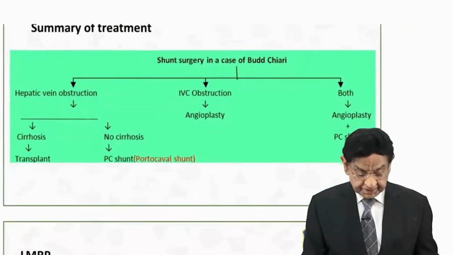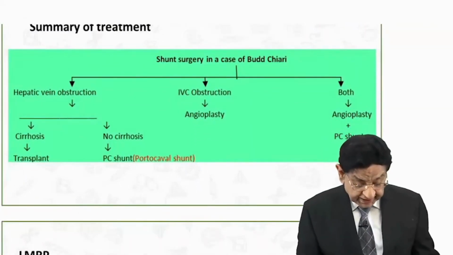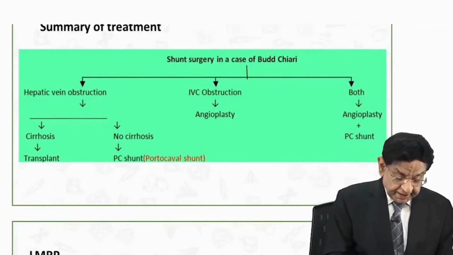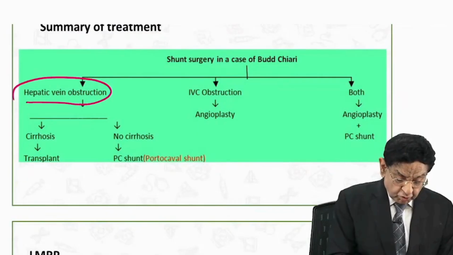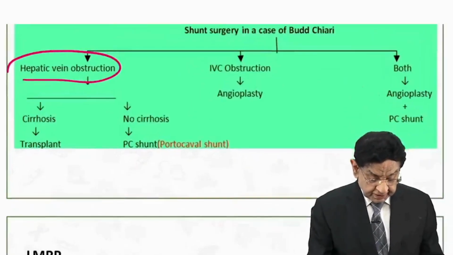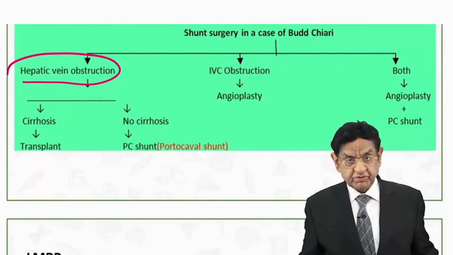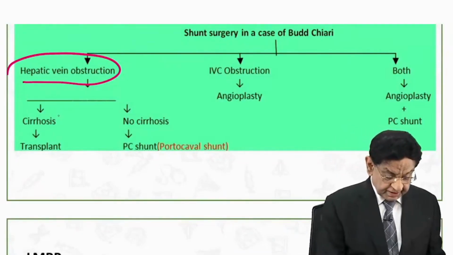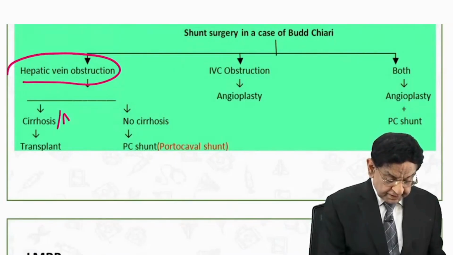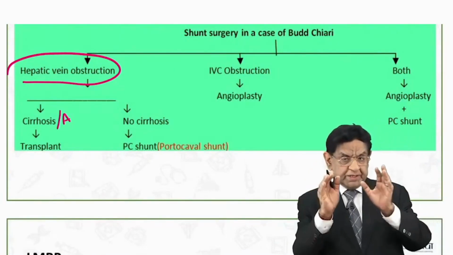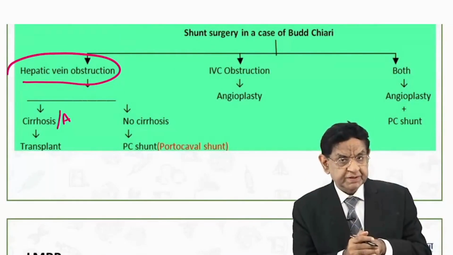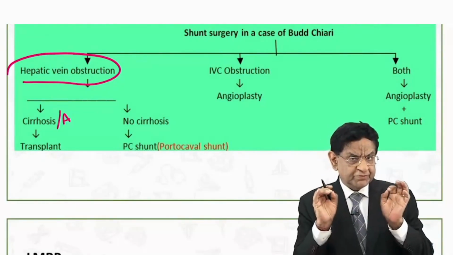Summary of treatment. So what we are finding, hepatic vein obstruction, which is much more common. Patient has cirrhosis of liver, and normally these patients already have cirrhosis. Listen to my words very carefully.